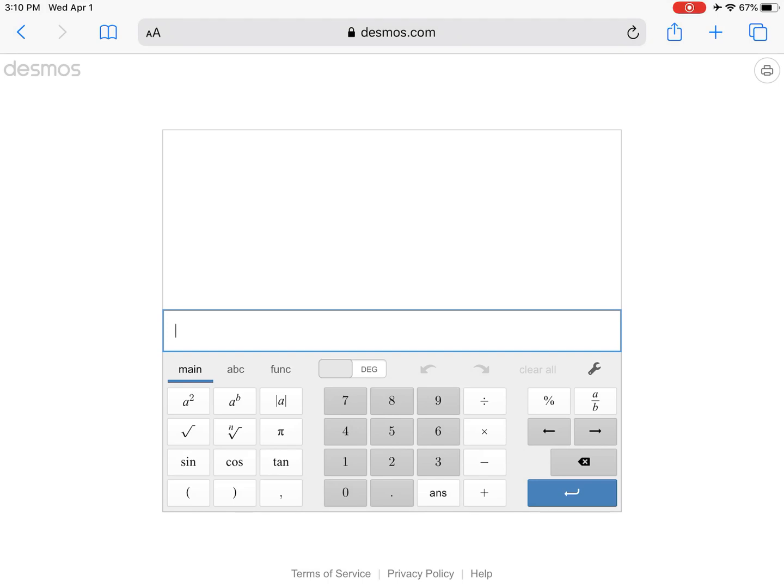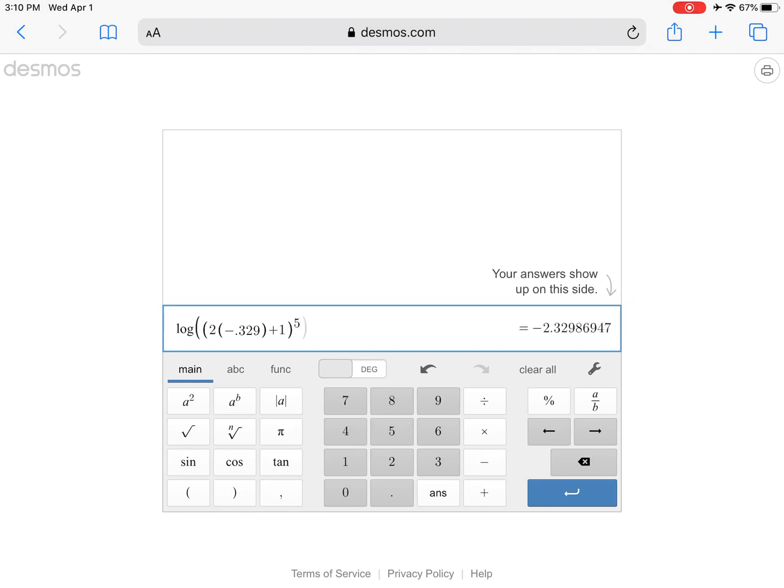When plugging in, especially with logarithms, I'm a big fan of using a lot of parentheses, just to make sure that we have what's inside of our logarithm, the argument of the logarithm, inside of that when calculating. So we're going to take the log of, now this is our entire argument here, so I'm going to take 2 times negative 0.329, close my parentheses, plus 1, close my parentheses, and then this is to the 5th power, and this whole thing is my argument.